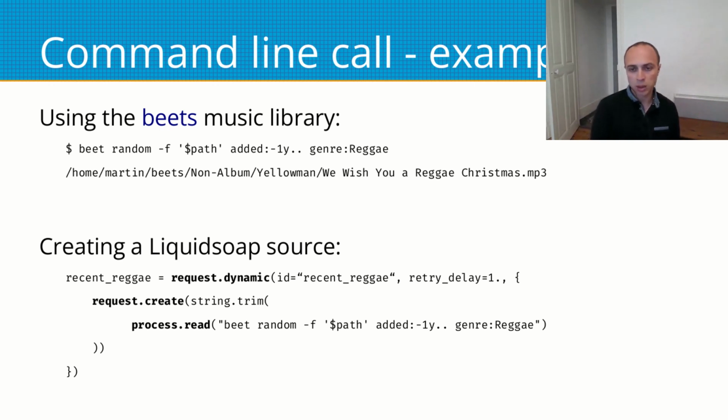For example, if we messed up our filters or things like this, it's better to leave some room for the CPU instead of looping. And we create a request based on what is written by process.read with any parameters we want, and this is how we pick music with different styles at different times in the day.